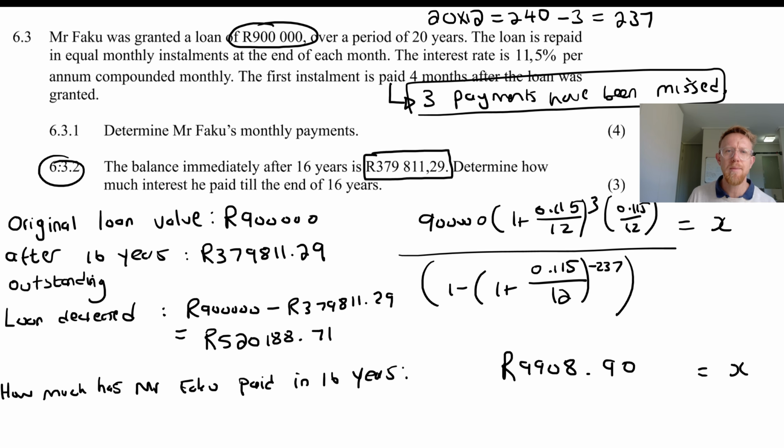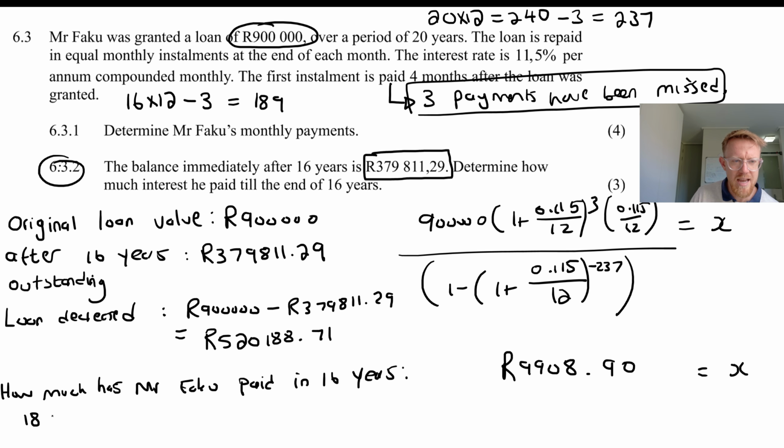Well, how many payments has he made up until that point? We know that it's 16 years, so you could say 16 times 12, but then just remember to minus the 3 payments that he missed in the beginning. So that would be 16 times 12, and then minus 3. So he's made 189 payments.